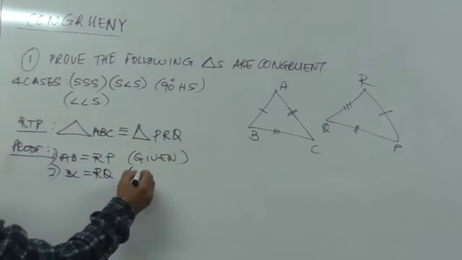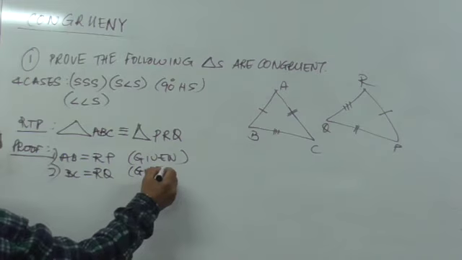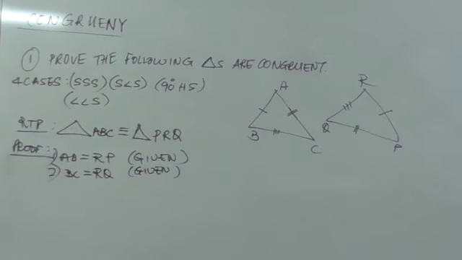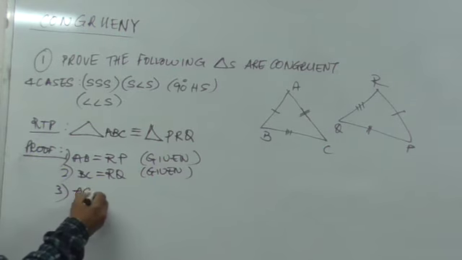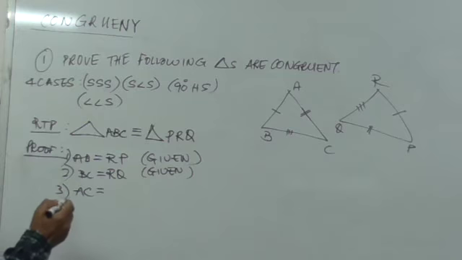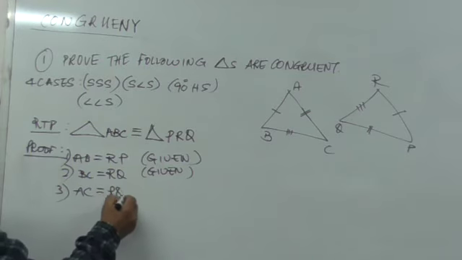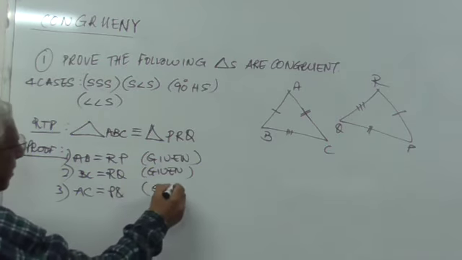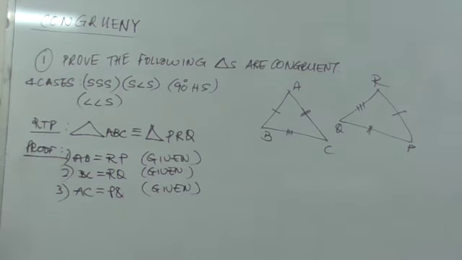How do we know? It was also given. And number three, AC, I always start with the first triangle, is equal to PQ. How do we know? Well, it was all given. So, you write your statements like this with a reason.